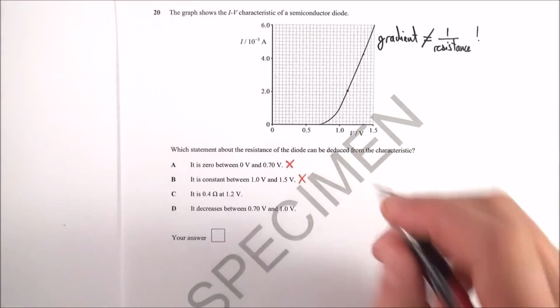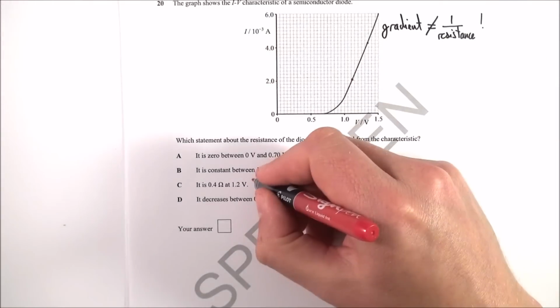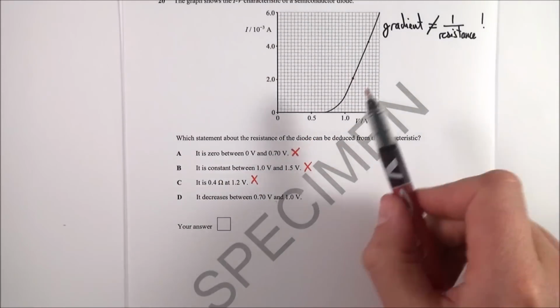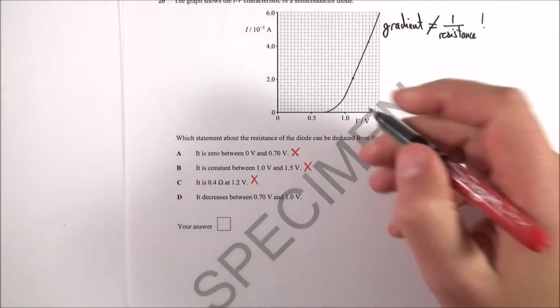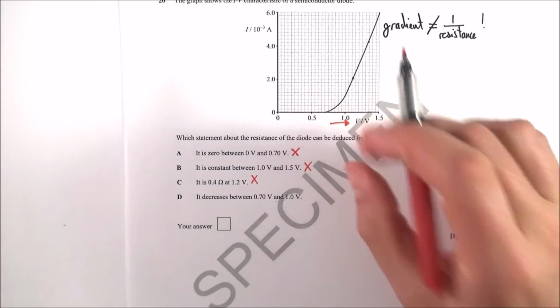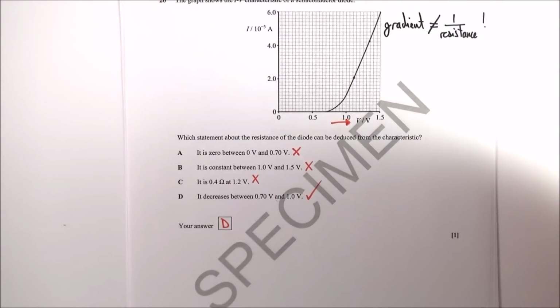So that's not true. It's 0.4 at 1.2 volts. No, that's just completely wrong off that graph. And it decreases between 0.7 and 1. So here, between this point and this point, the resistance decreases, because that's when current starts to flow, and therefore that's correct. And the answer is D.